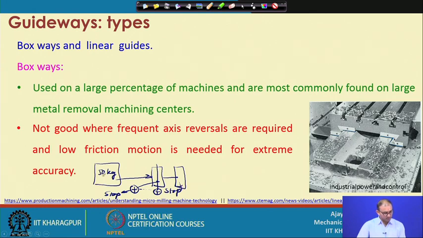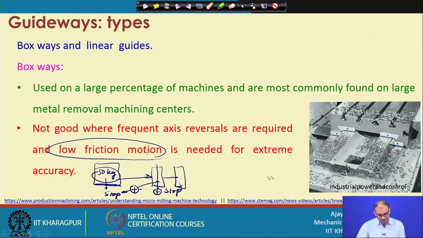That is the big problem with the heavy duty guideway or heavy duty slideway, whatever we are using here. Another problem is the low friction motion, because when the weight is more, the friction is also very high. So, that is very problematic in that particular sense.